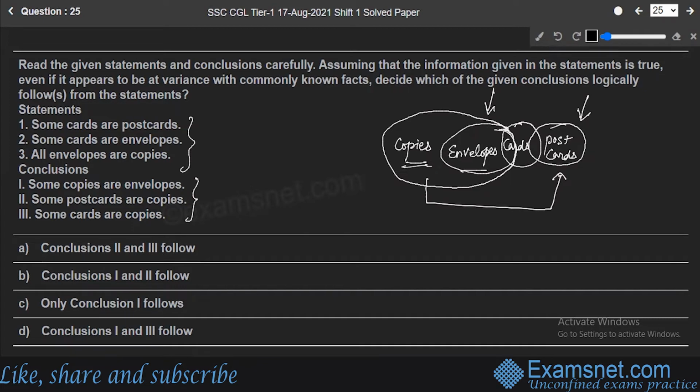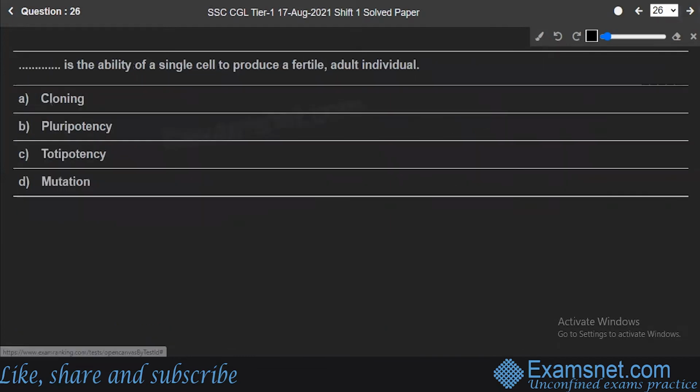Some cards are copies. That's true. See, this is the portion of the cards that are copies. So first is correct, third is correct, and the second one is not correct. Option D is the answer to the question. Hope you are clear with this. Let's move to the next question, number 26.